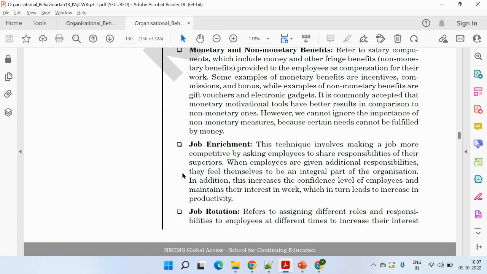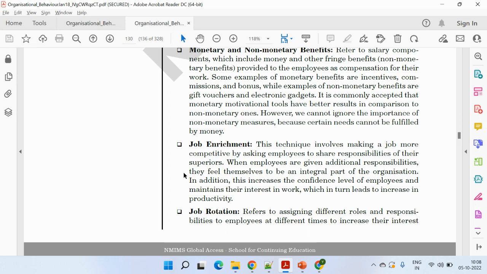Next is job enrichment. So enrichment is to become more competitive, to share more responsibilities, to enrich your existing task, to take up any additional responsibilities. Like in this case, Renita Parker was doing well. She was taking care of the executives very well. They were well trained. They had good communication.